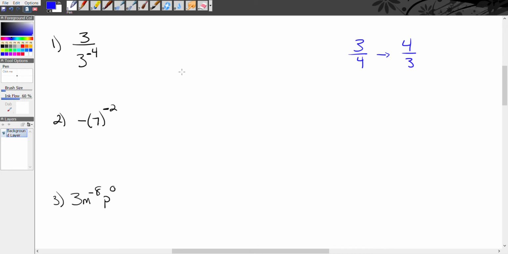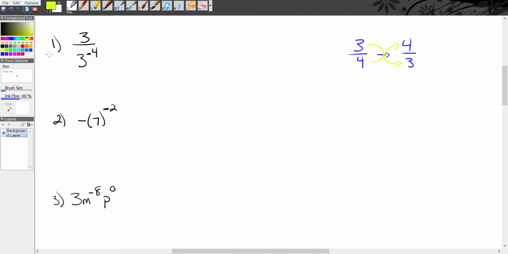Look at what happened: I took the fraction 3/4 and flipped it. 3 was on top, the numerator, and it moved to the bottom and became the denominator. And 4 was the denominator, and it moved to the top and became the numerator. So when you get the reciprocal of a number, things change places. The top becomes the bottom and the bottom becomes the top.